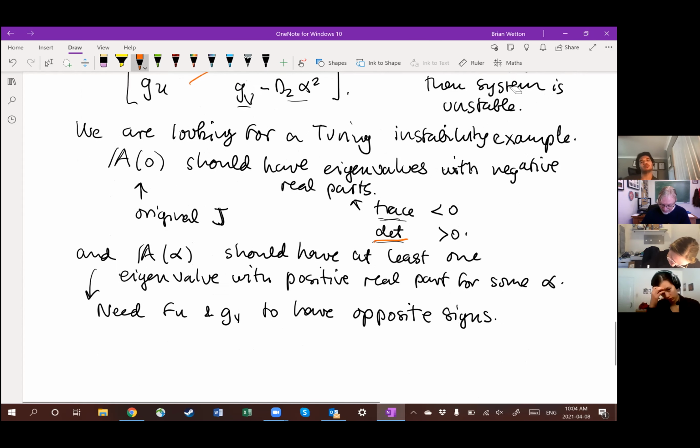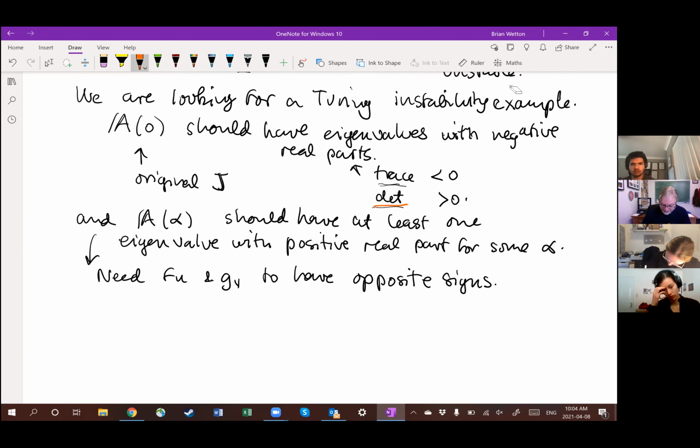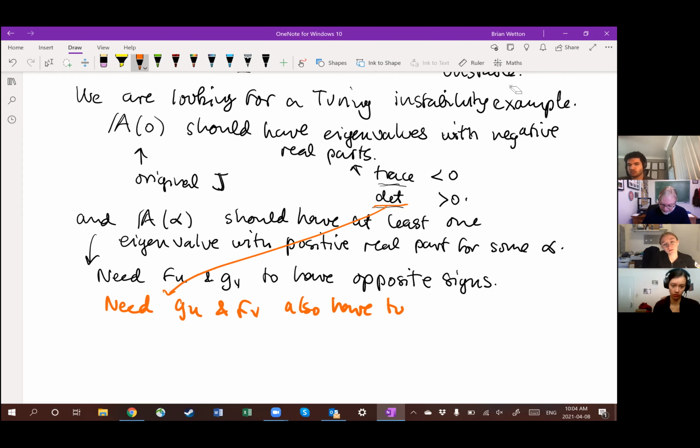And so now if I look at this condition at 0, then I'm going to need G_U and F_V. They also have to have opposite signs. This still isn't enough to guarantee Turing instability, but at least now I know the kind of thing that I'm looking for.